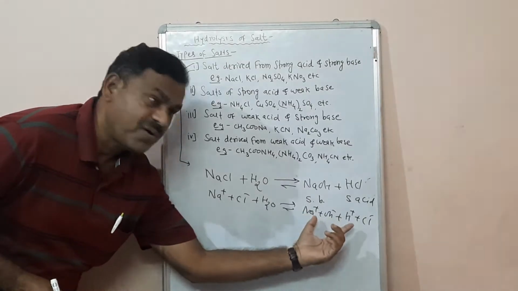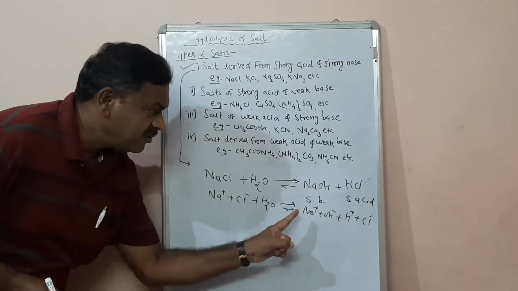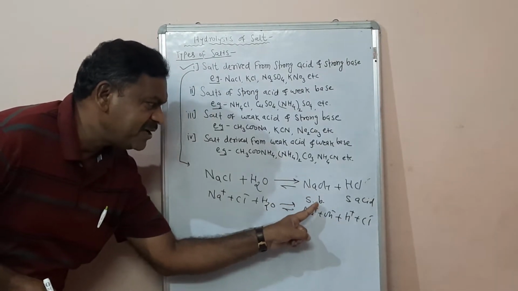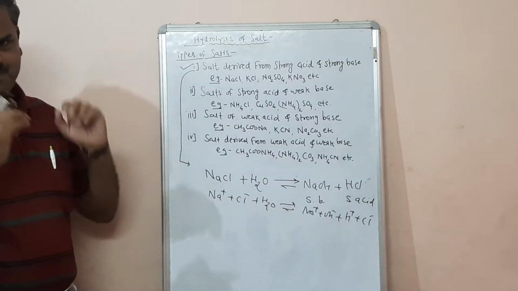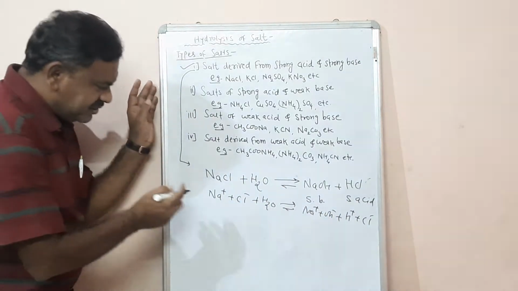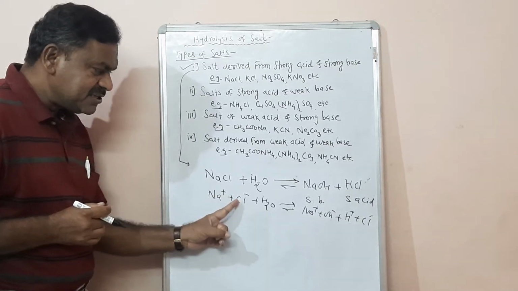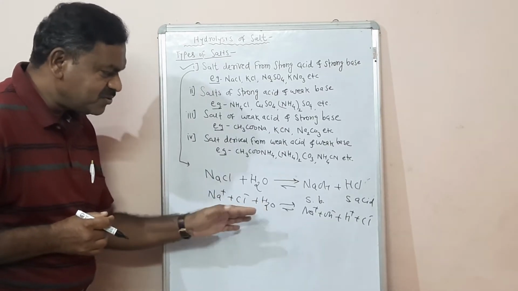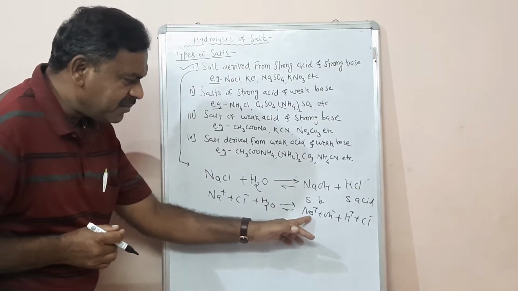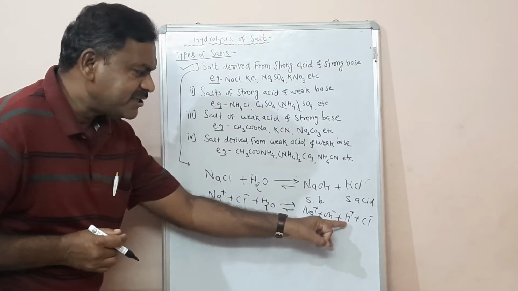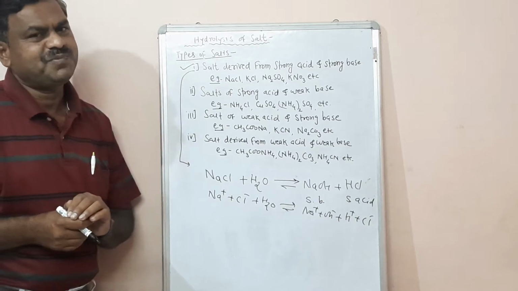Now this is the product, and the products are the strong base and the strong acid. The ions on the reactant side are Na+, Cl- and H2O. Then the products are Na+, OH-, H+ and Cl-.